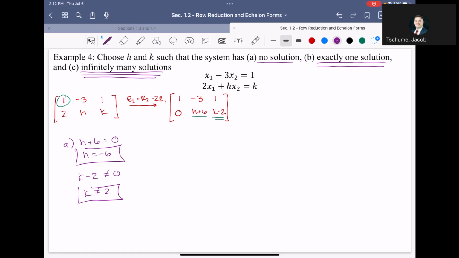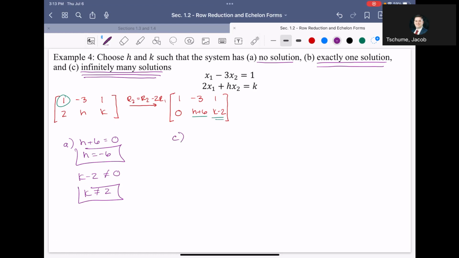Speaking of that, even though I'm supposed to go in ABC order, I'm actually going to go ahead and jump to part C because that's the one we just talked about as well. For it to be infinitely many solutions, the H plus 6 and the K minus 2, we need a row of all zeros for this to happen.